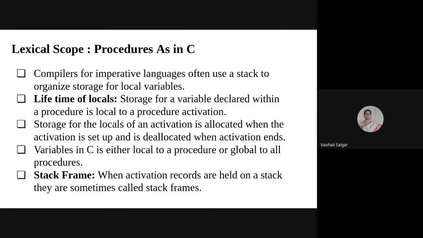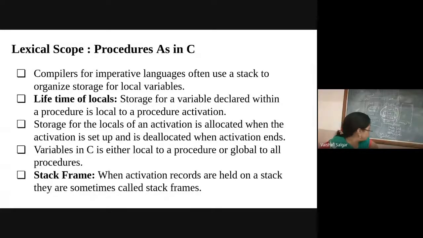What does that mean? If I write the same code, as in the previous example, the add function with int A, int B, and in the integer procedure I have written int result. This result has a scope within this add procedure.